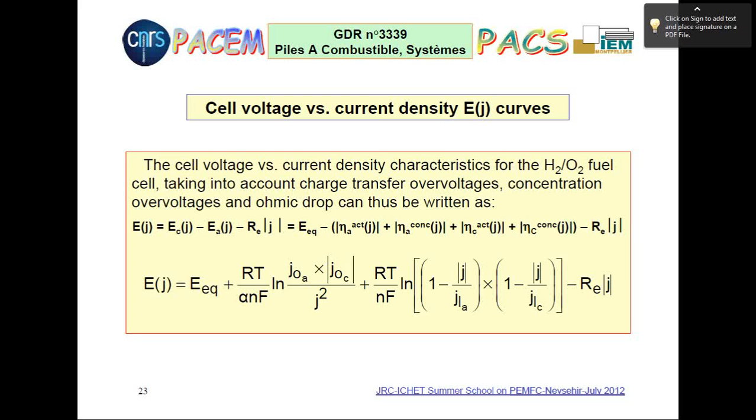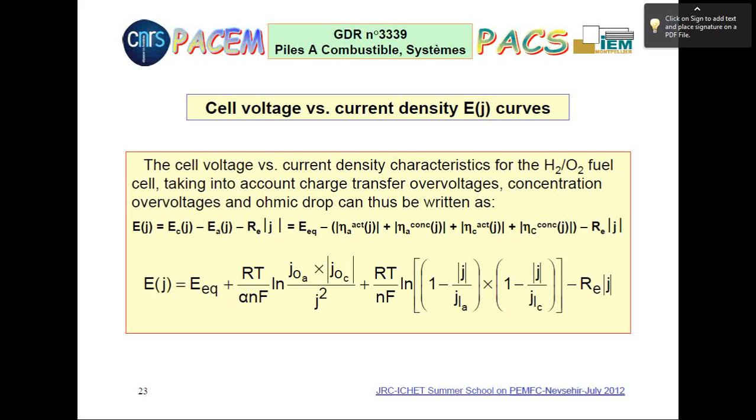So you reverse, you change the sign of the logarithm. And I just put minus, minus, and minus to be sure that you subtract every contribution of voltage losses and ohmic losses. So this equation could be a good approximation for the characteristic.